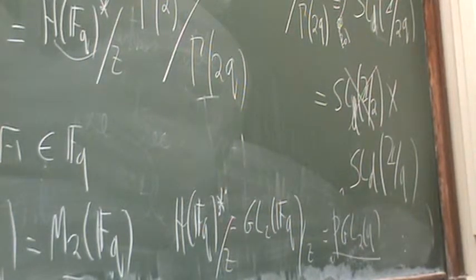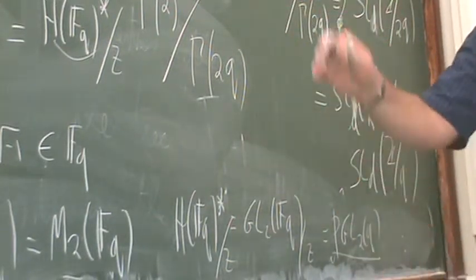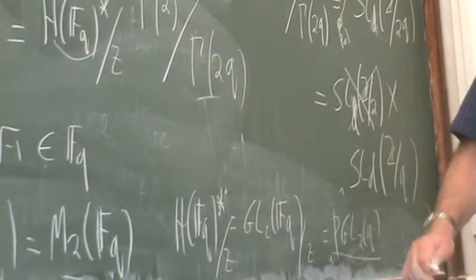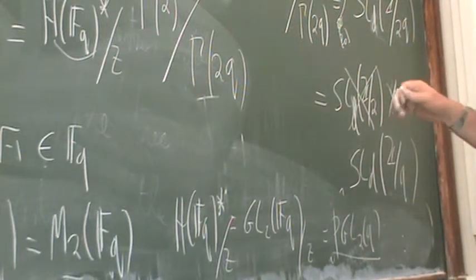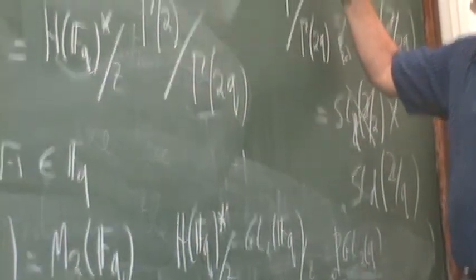There's a delicate point here. The question is whether p is a quadratic residue mod q or not. I was a bit cheating here. I did it too fast these last few minutes. I'll get back to that. Because the group is not similar to SL_d, it's really similar to GL_d.